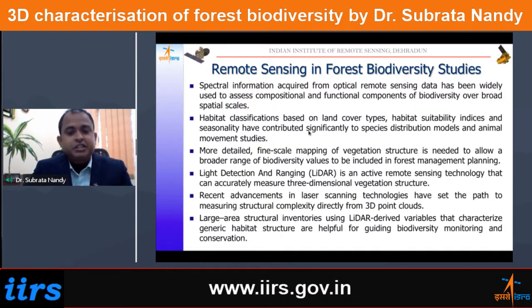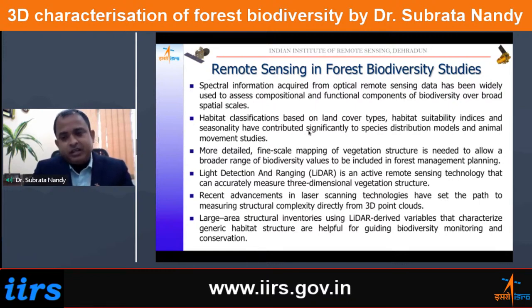Habitat classification based on land cover types, habitat suitability indices, and seasonality have contributed significantly to species distribution models. But more detailed, fine-scale mapping of vegetation structure is now needed to allow a broader range of biodiversity values to be included in forest management planning.